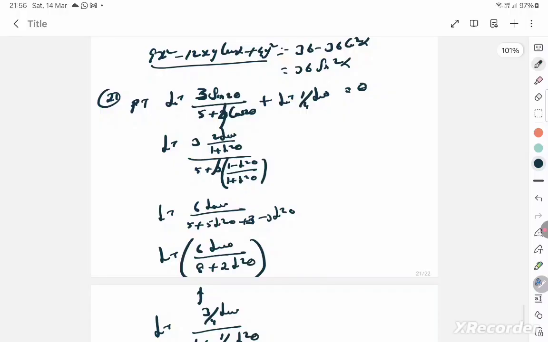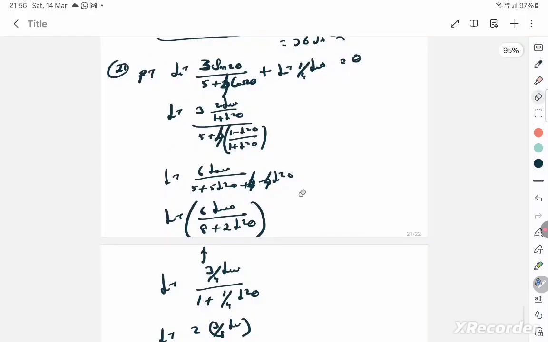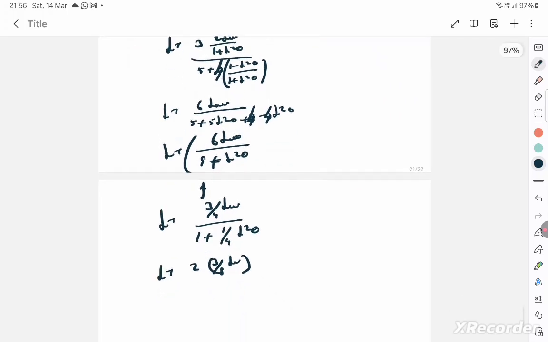So in that case, there will be a 4 here, so it will be 4 minus 4 tan square theta. It could be a printing mistake in the question. 6 tan theta by 9 minus tan square theta. Correct? So 9 plus tan square theta. Yeah, that's what you get.